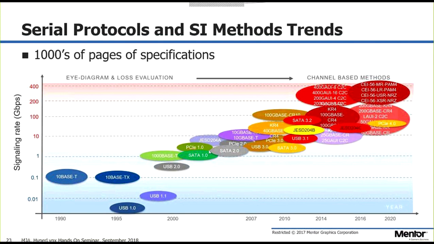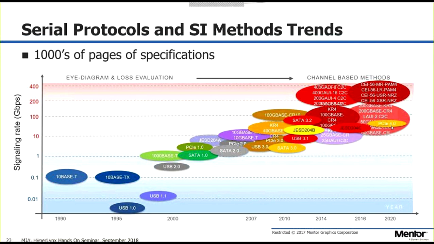But you can see as time's progressed, the number of different types of serial protocols have grown by quite a bit. There's a lot going on, and you might have been pretty good at USB 1.1, but what about USB 3.0? Or maybe someone says, hey, let's throw in a PCIe 4.0 bus.